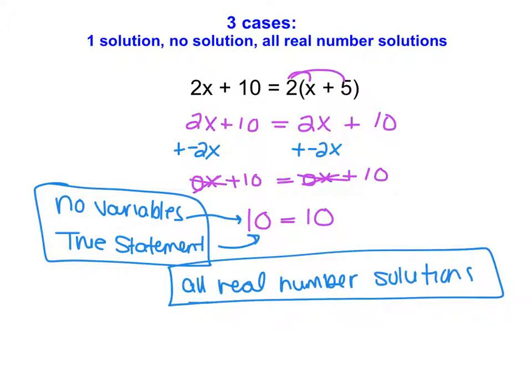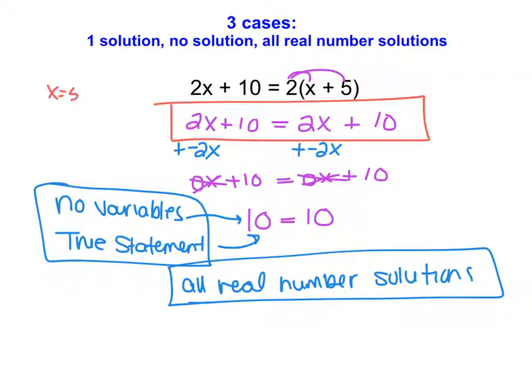And the reason that this is true stems all the way back up here to, again, this second step. So here you can see that you have 2x plus 10 equals 2x plus 10. And realistically, if you think about it, no matter what x is, say x is equal to 5, it would be 2 times 5 plus 10 equals 2 times 5 plus 10. That's true.